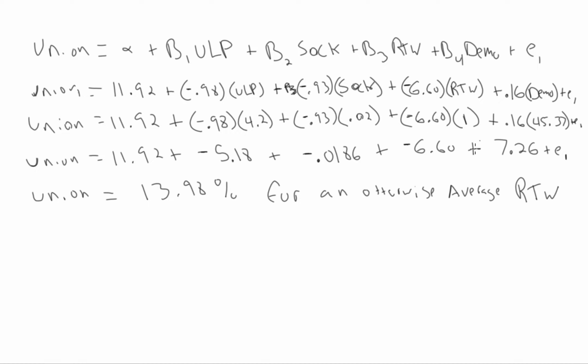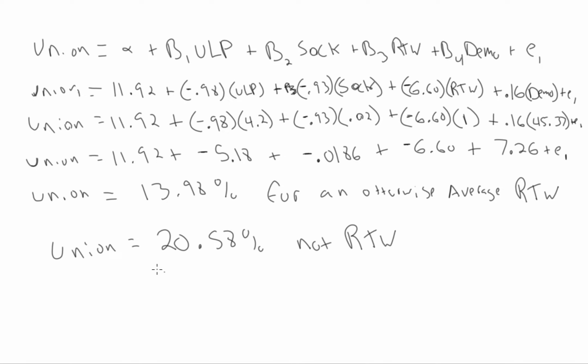So the same state, if it didn't have right to work, would have union membership at about 20%, 20.58%. So the effect of right to work found in this article is about 6% of union membership. So right to work states have significantly less union membership than non-right to work states.